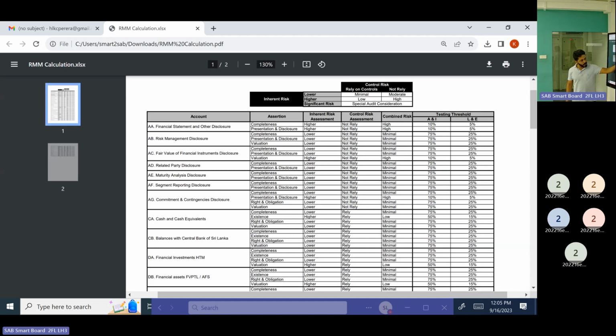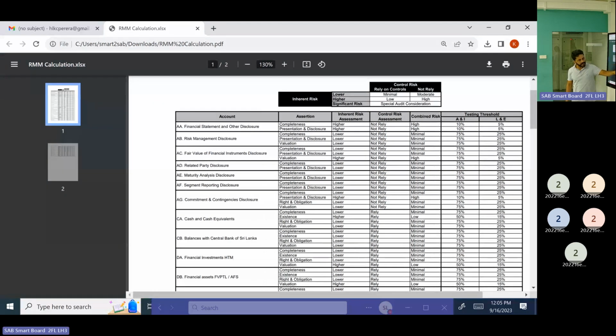Then we come to balances: cash and cash equivalent balance, and then financial investments, HTM, held to maturity. Now we don't have the AFS, fair value through P&L classification, unless in Palestine, right? So this was done for disclosures as well as balances.